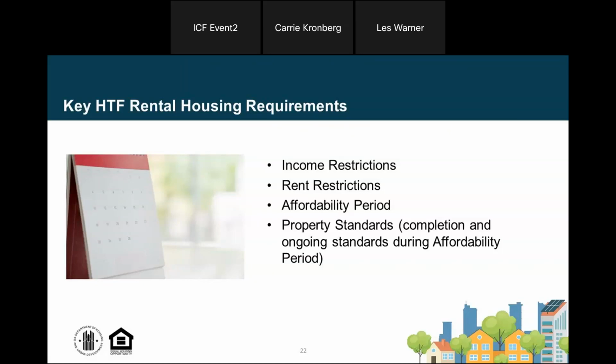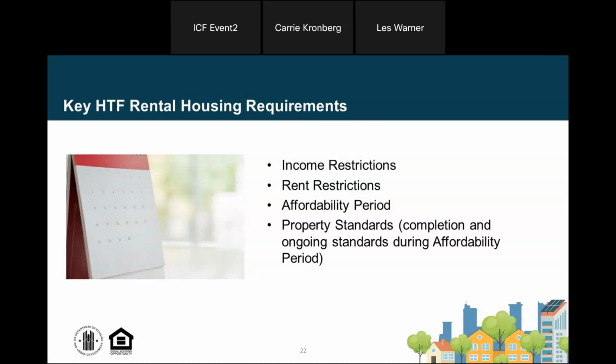So we mentioned property standards. Housing Trust Fund properties must be maintained in a decent, safe, and habitable condition. So upon completion of that new construction or the rehabilitation, that property is going to have to meet all applicable codes and standards, but then during that affordability period, they will have to continue to meet an ongoing property standard that will have been set by that Housing Trust Fund grantee.